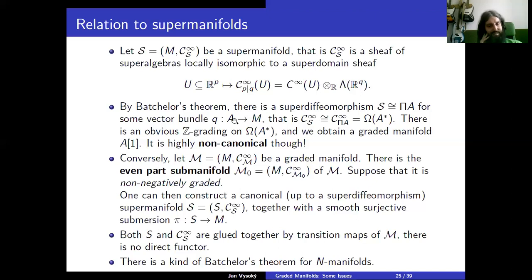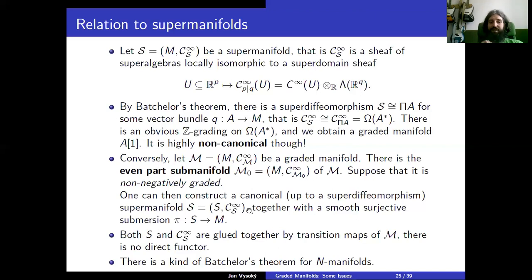But the other direction is even more complicated. It doesn't always work, but if you start with a graded manifold, there is always an even part submanifold, which I will describe later. And you have to suppose that it is non-negatively graded.